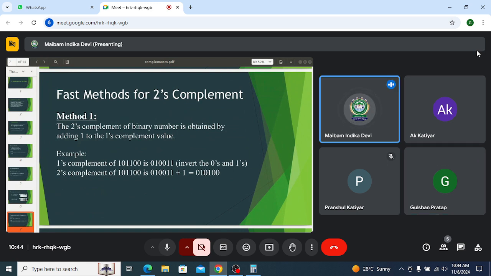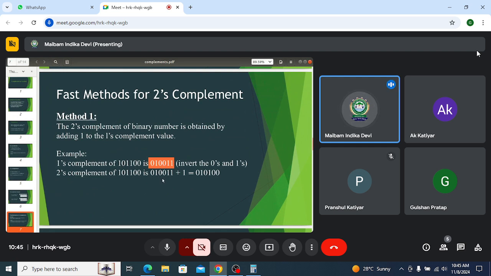Another way of finding two's complement is to find the one's complement of that number and then add a 1 to that number. That is just the method. Remember the method; we will be learning how to find one's complement. So if you are given a number and want to find its two's complement, you first find the one's complement, and then you add a 1 to whatever value you get.